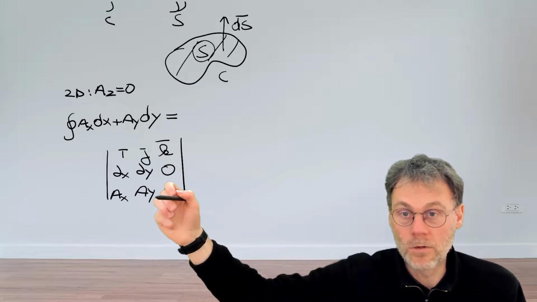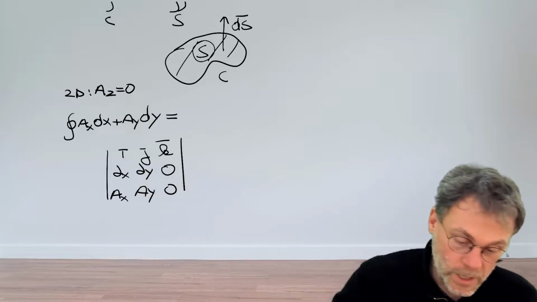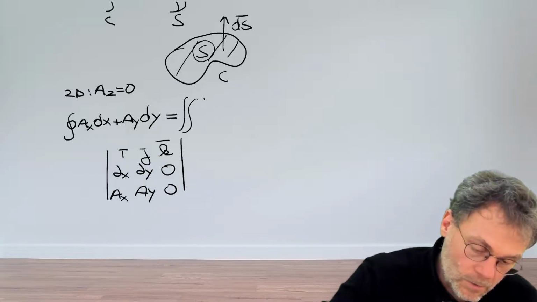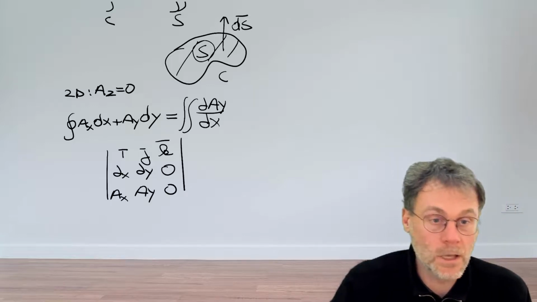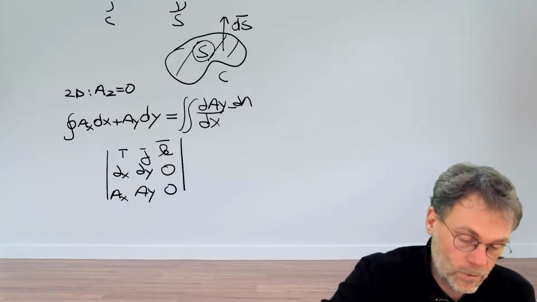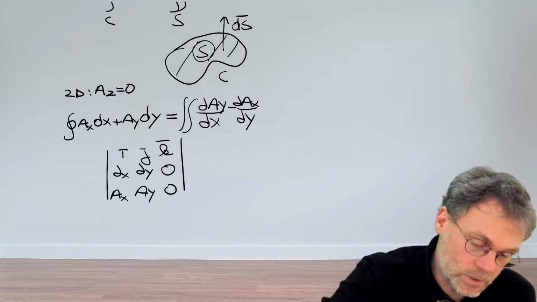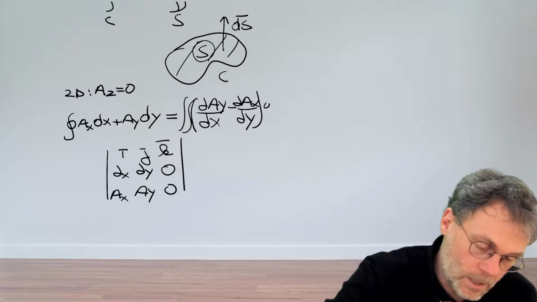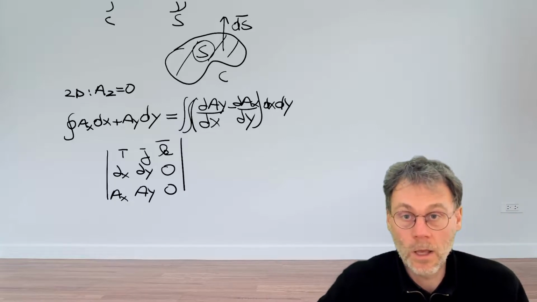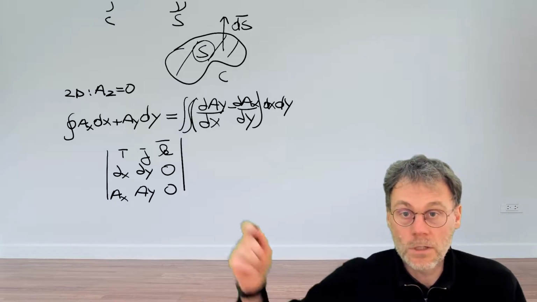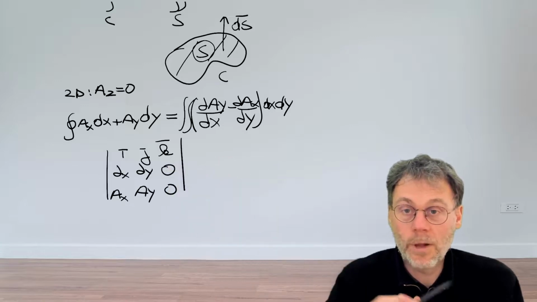So we get the derivative of Ay with respect to x, minus the derivative of Ax with respect to y, integrating over dx and dy, of course. Right? So this is Stokes reduced to the two-dimensional case.